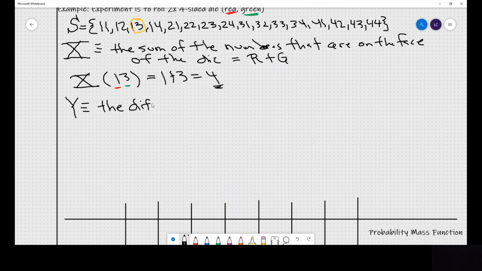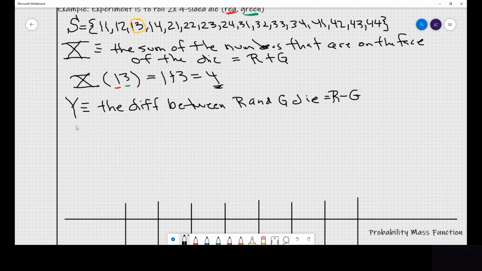Let's just let it be the difference between the red and green die. Okay, so R minus G. So we've got the difference between the two.